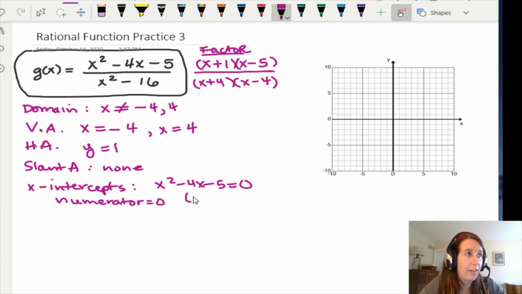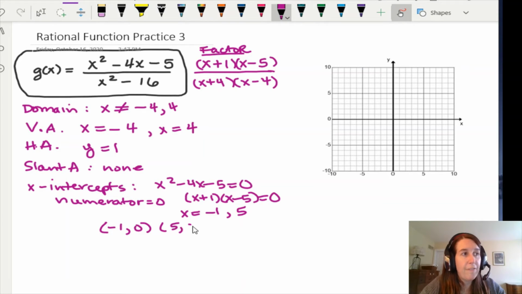Well, we already factored that, so x plus 1 times x minus 5 equals 0. So x is equal to -1 or 5. Okay, the two things that make this equation 0. So our two x-intercepts are -1, 0 and 5, 0.